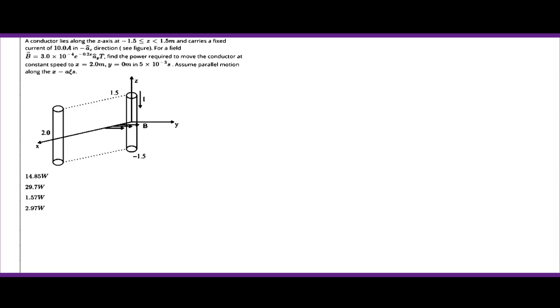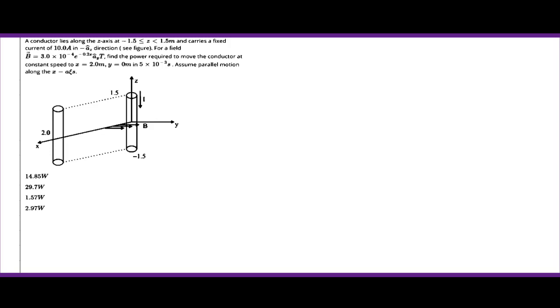It means the current is moving downward, as we can see in the figure. For a field B equal to 3 into 10 to the power minus 4, e to the power minus 0.2x, in the positive y direction.